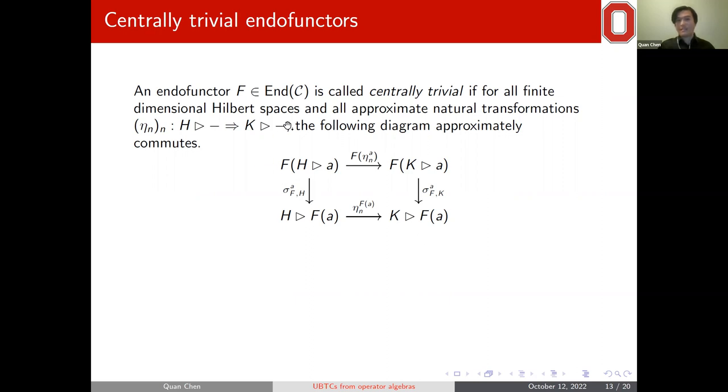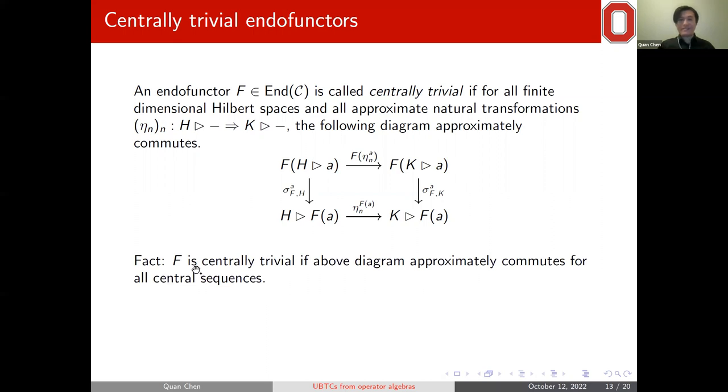Just saying this is a Hilbert module category. All right. But with the approximate natural transformation, this is not always true for all endofunctors. So we just say the endofunctors satisfying this condition are called centrally trivial. All right. So that's good.